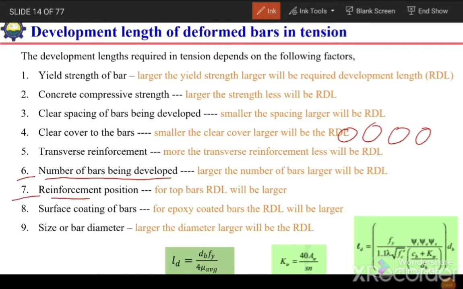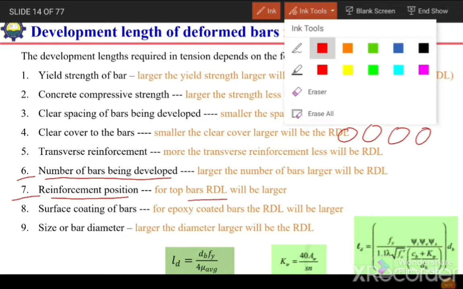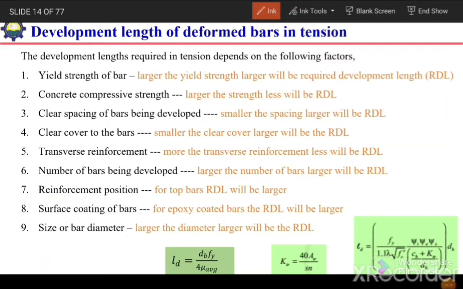Seventh is reinforcement position. For top reinforcement, the required length is larger. The reason for this is, when we cast concrete, for example here we have a mold and the height of the mold is, for example, 500 millimeter. When we start casting the concrete in layers and we vibrate this concrete, there may be segregation.